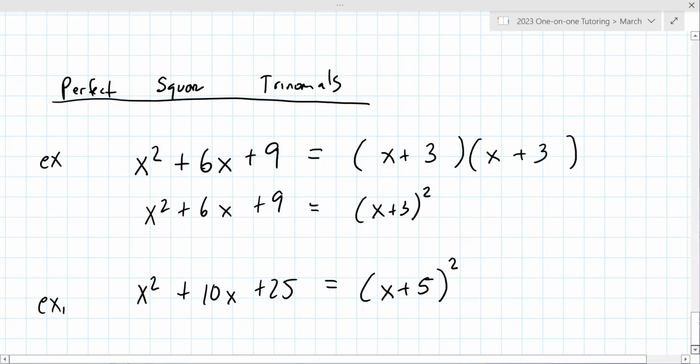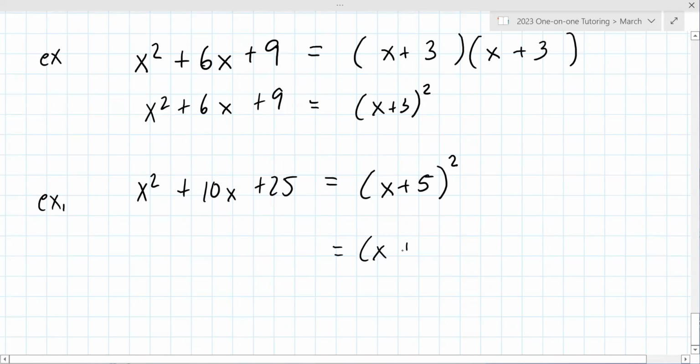Now let's just confirm this through FOIL. So it always has to be the middle one? Well, when you FOIL it, it should give you all three, including the 10x. Do you mind foiling this just to confirm that it is this on the left here? That might help your unbelief, we'll say.